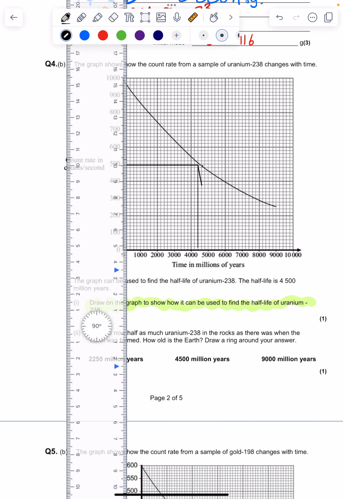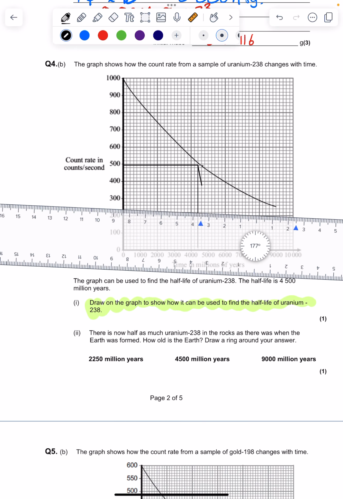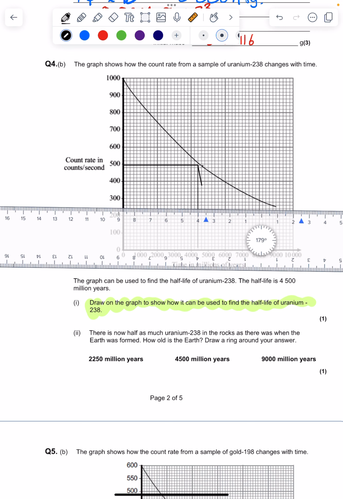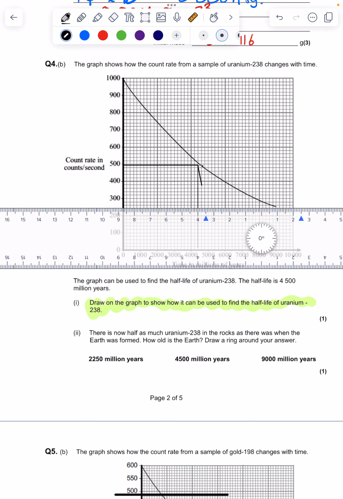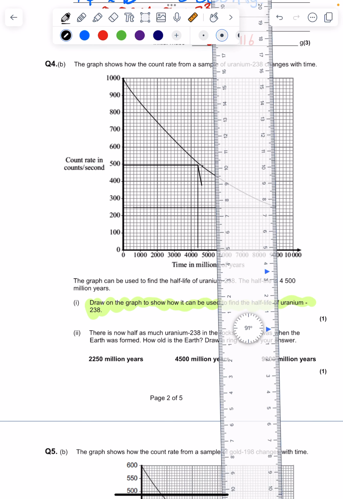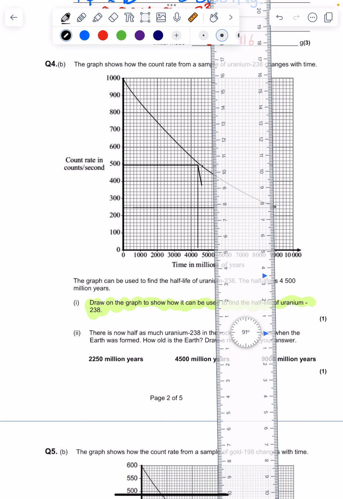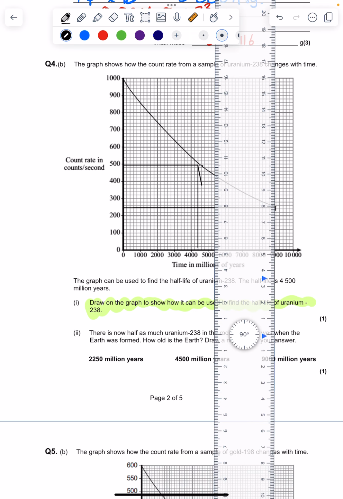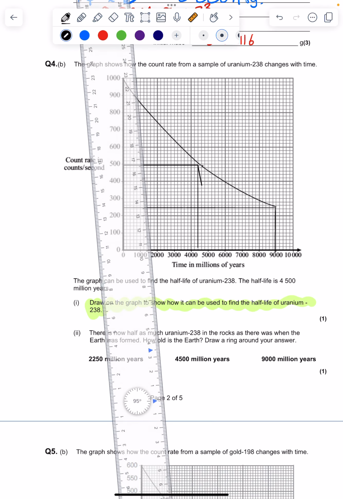And then half of 500 is 250. So again, we can draw a line to our gradient here, and then draw a vertical line on it as well.